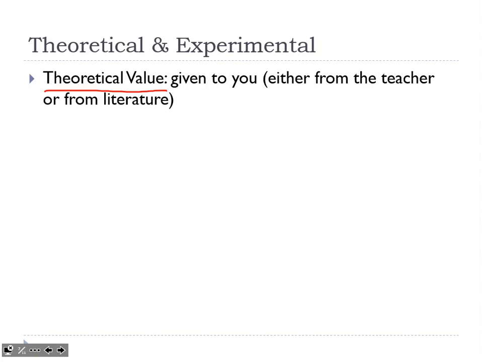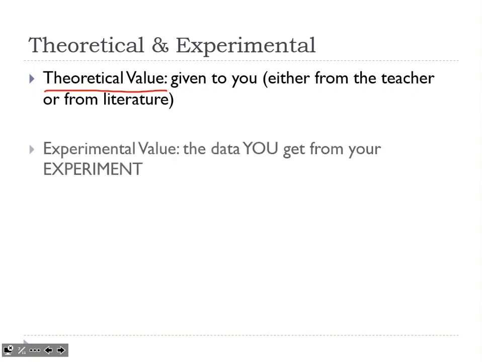That's where you would find them. And in our labs, I would give you the accepted value in the lab paper, so you'll have that to compare with. The experimental value is what you measure in your lab experiment, so you're actually measuring the data that you obtain while working in the lab.